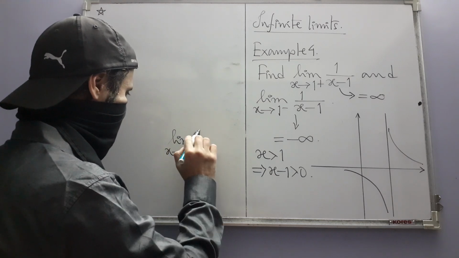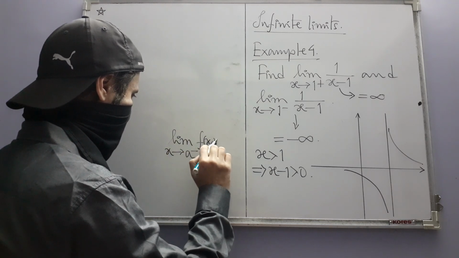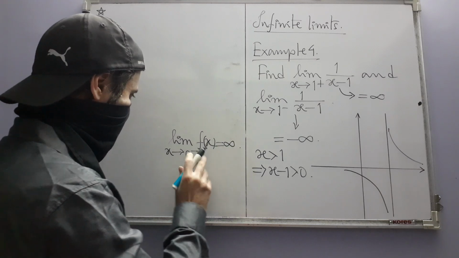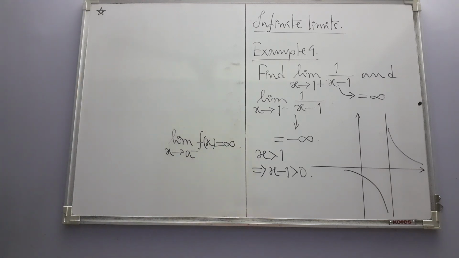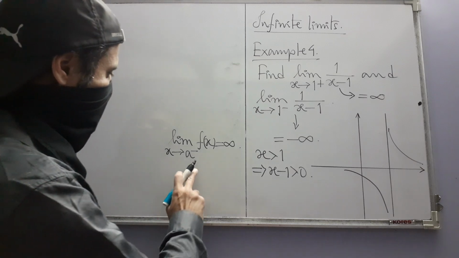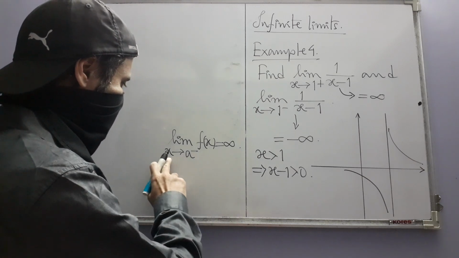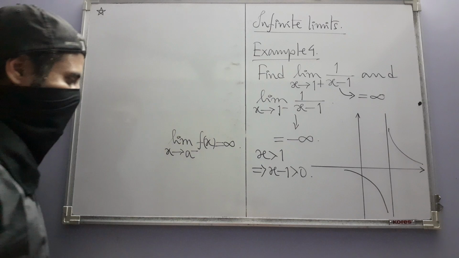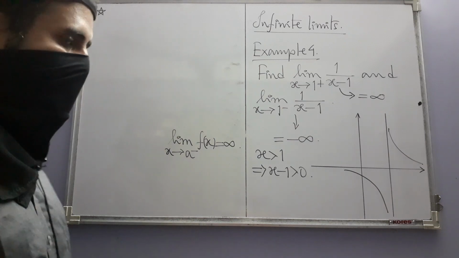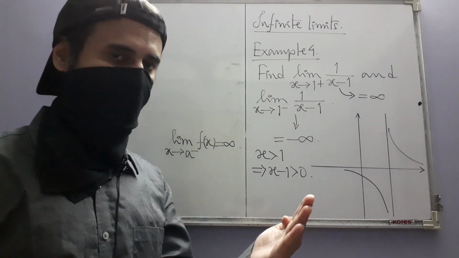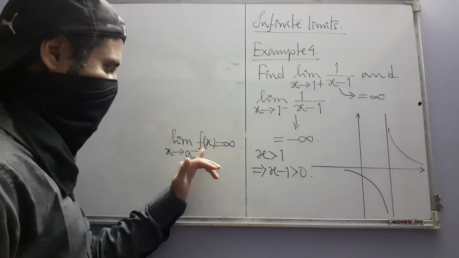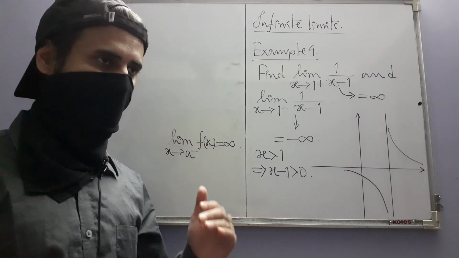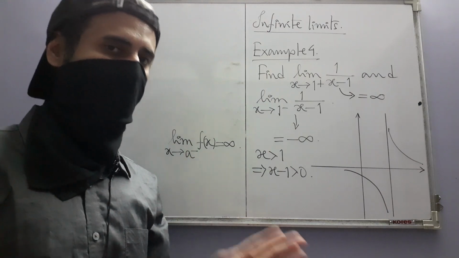So let us consider A. What is the meaning of this? The meaning of this is that as x gets closer and closer to A, as x approaches A but from the left side of A, the f of x values, the functional values, increase without any bound.